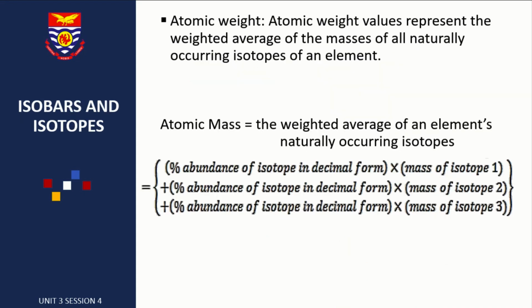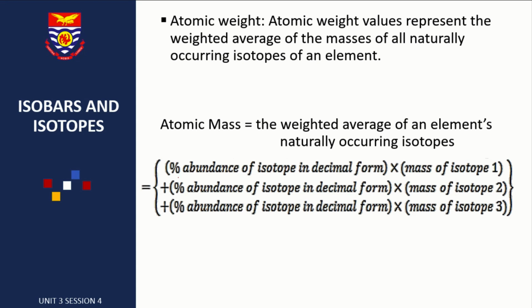Let's talk about the atomic weight. The atomic weight values represent the weighted average of masses of all naturally occurring isotopes of an element. And anytime you are calculating the atomic weight, it's always equal to the weighted average of an element's naturally occurring isotopes, right?